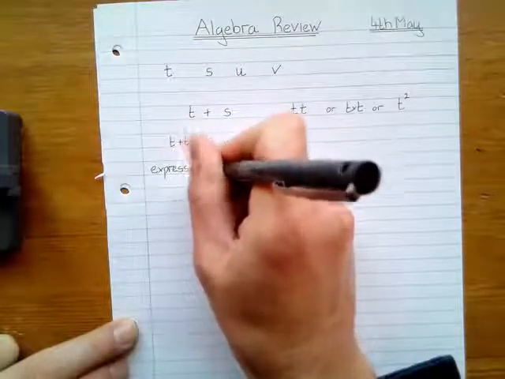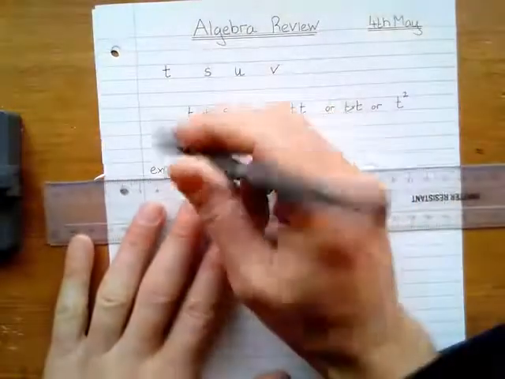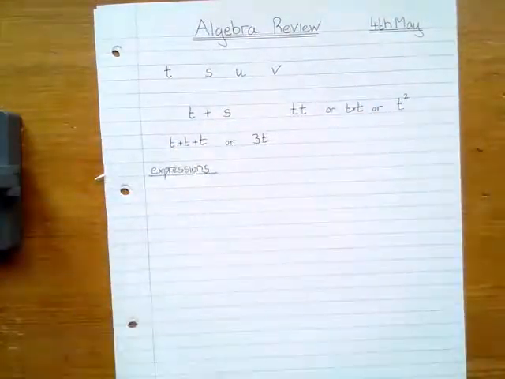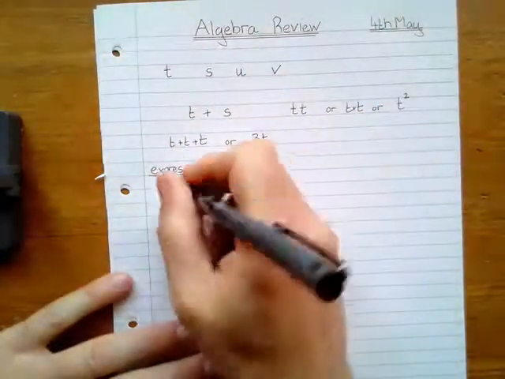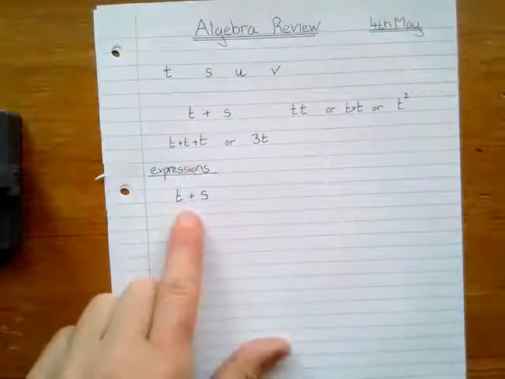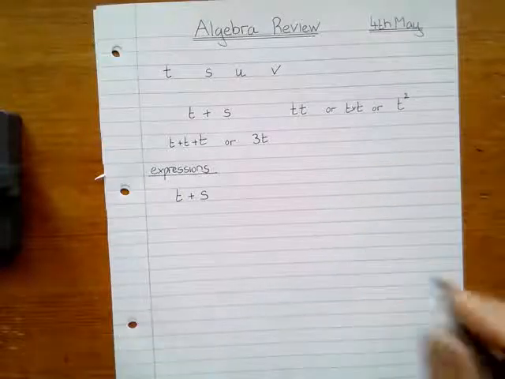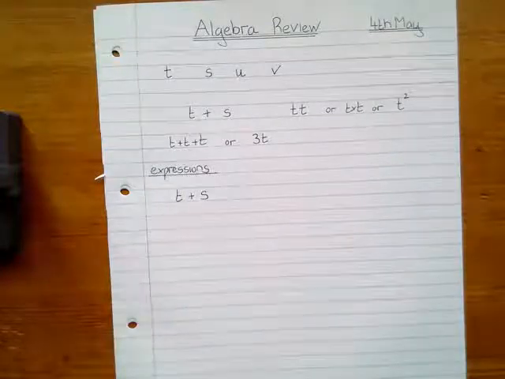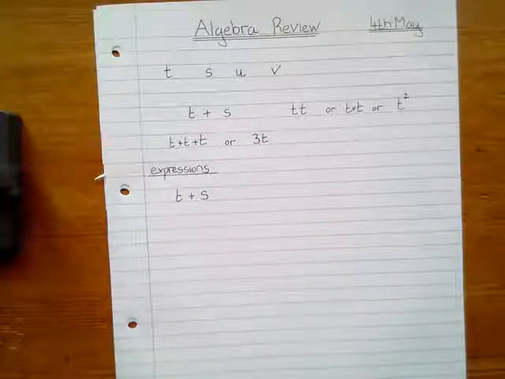I'm going to introduce a new word, expressions. You see, in algebra, when you write something like T plus S, you are writing an expression. So that's an expression. It's a fancy word, but it just means you've written some algebra on the page.